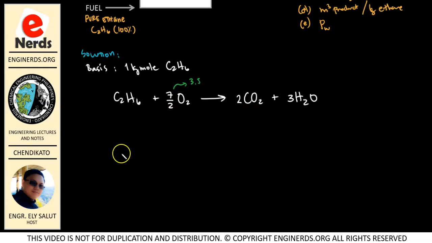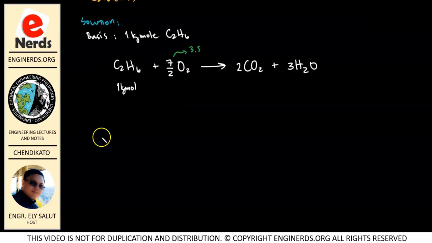So our basis is 1 kilogram mole of C2H6. Let us check how much oxygen we need in order to have complete combustion, because according to our problem we have a complete combustion. That means we will be getting our theoretical O2.